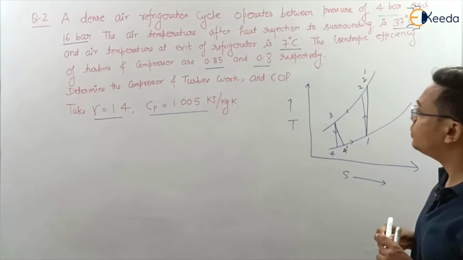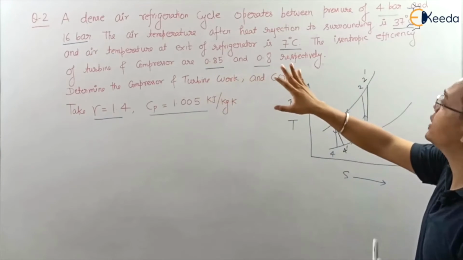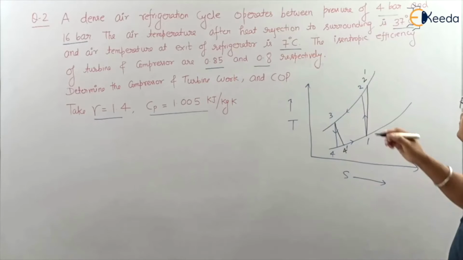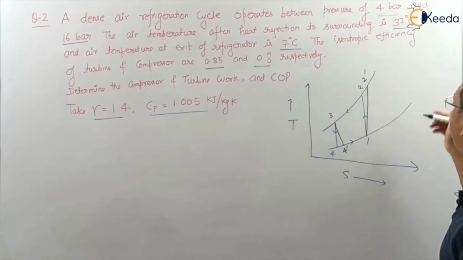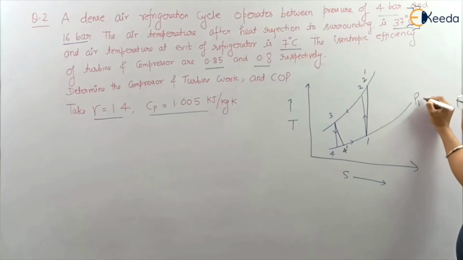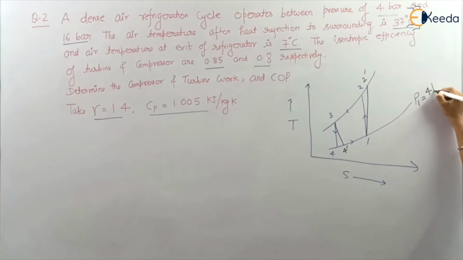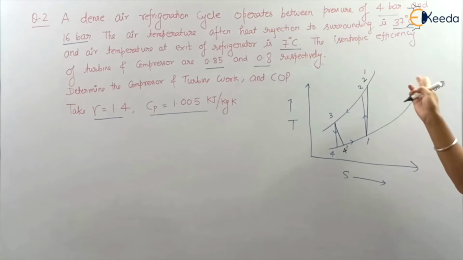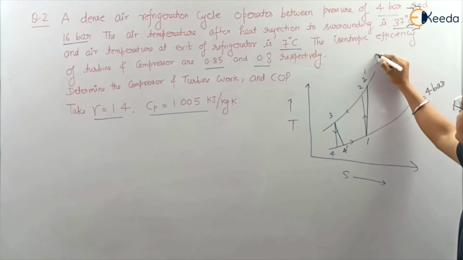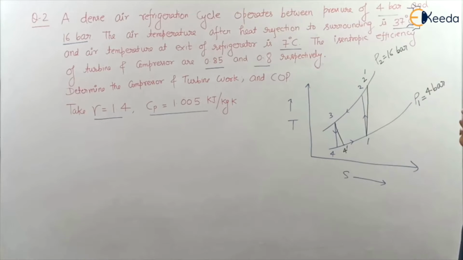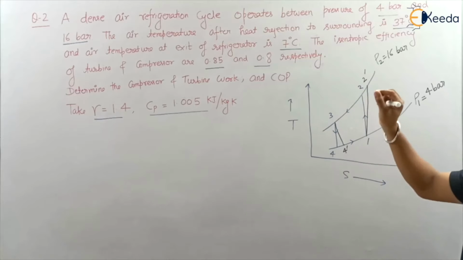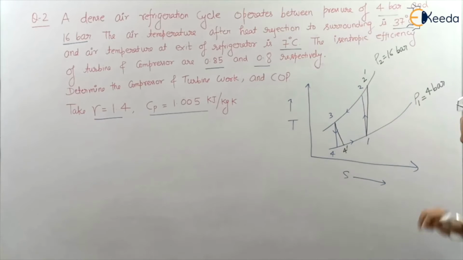Now, what are the values given? The dense refrigeration cycle operates between pressures of 4 bar, so P1 is equal to 4 bar, and 16 bar, so P2 is equal to 16 bar. The air temperature after heat rejection to the surrounding is 37 degrees Celsius.